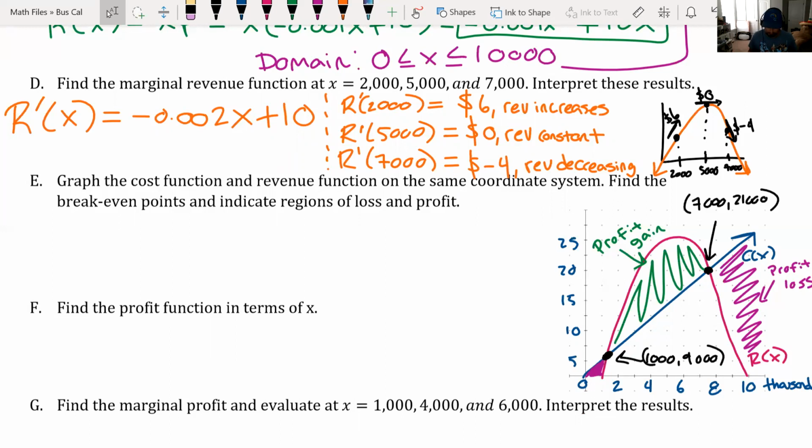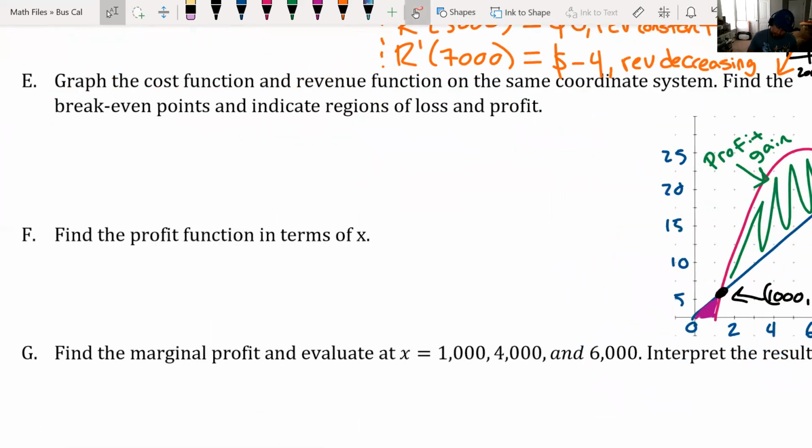Moving on. F. Find the profit function in terms of x. All right. So now we want to find the profit function, and remember profit is given by revenue minus cost.